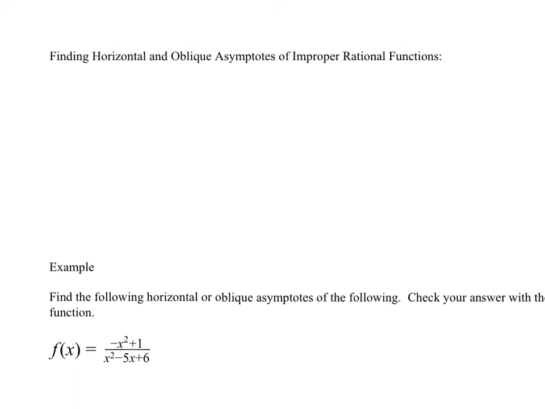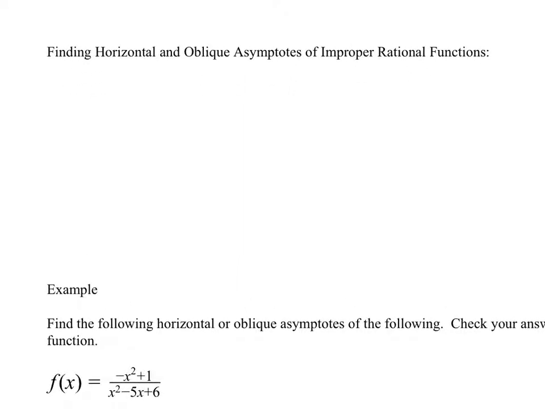So now we want to talk about how to find horizontal and oblique asymptotes of improper rational functions. So this is actually going to be two different cases of asymptotes.